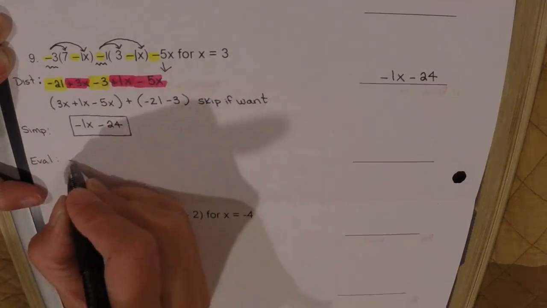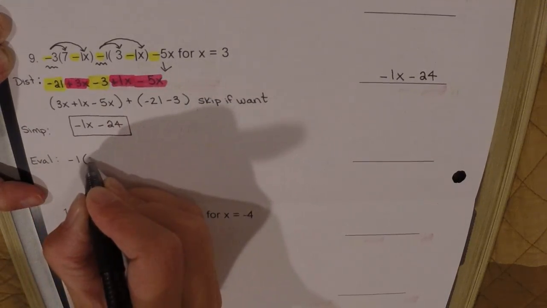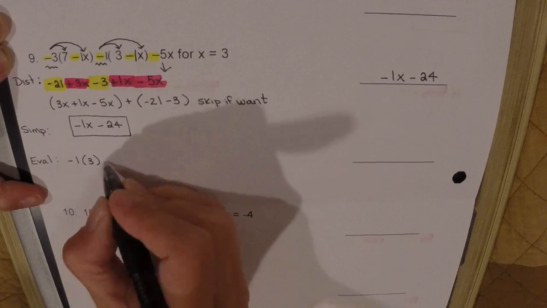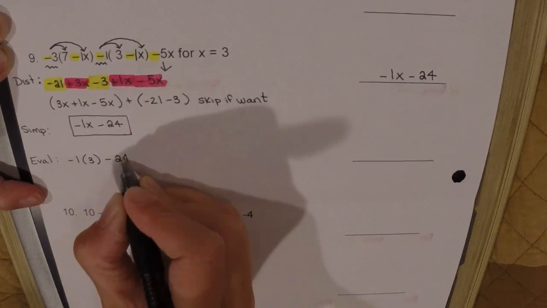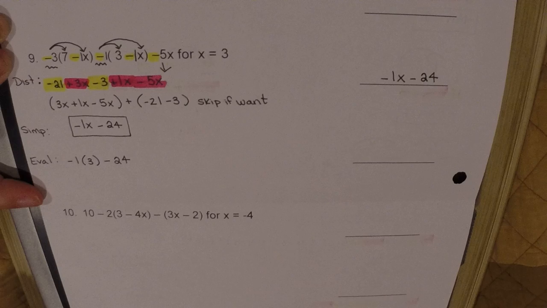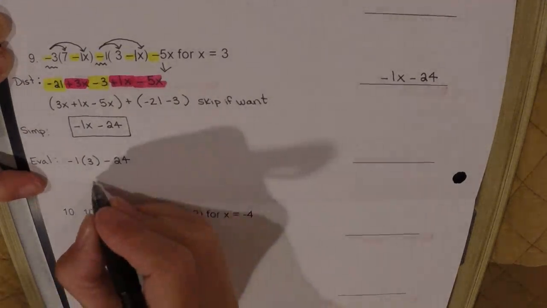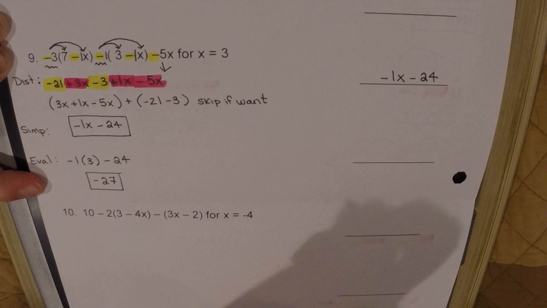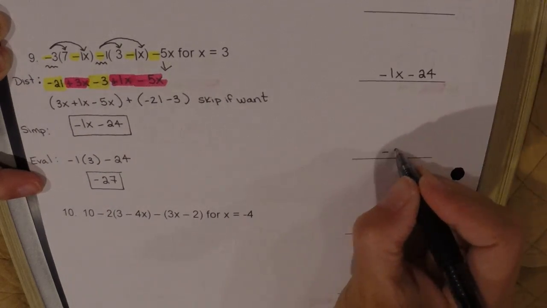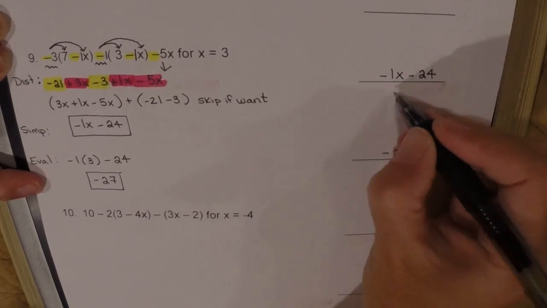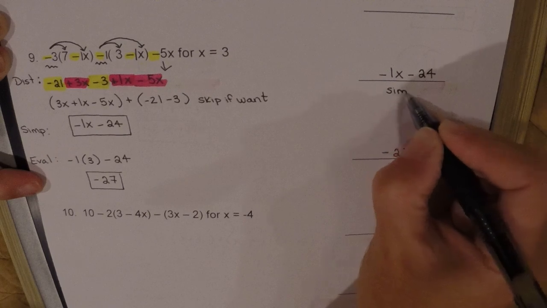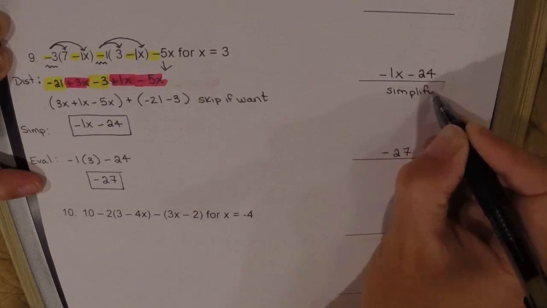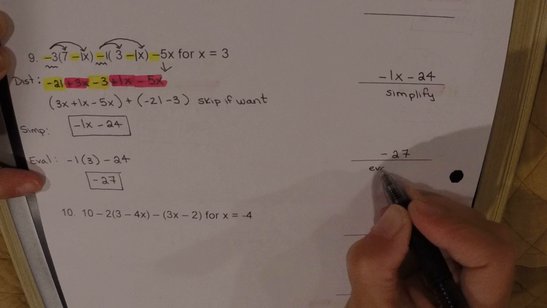So now negative 1 times 3 and then minus 24. So if I type that in the calculator, I'm going to get negative 27. And then that would be what goes here. Again, this is the simplified part. This is the evaluate part.